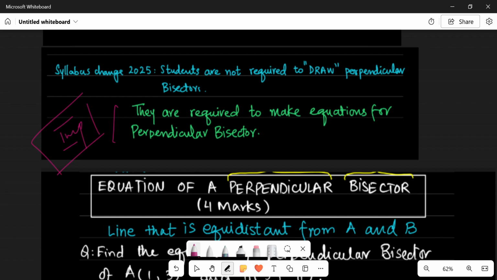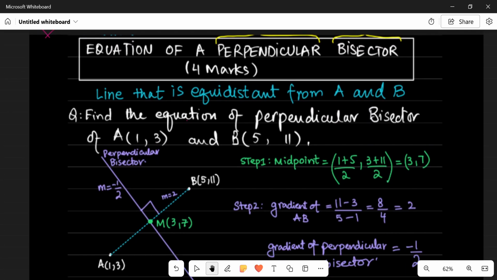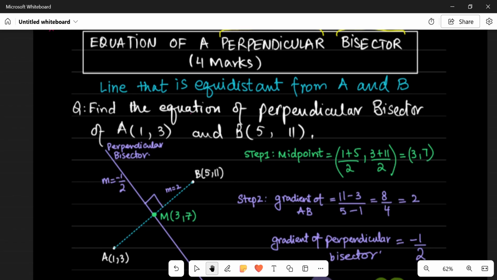Now, the equation of a perpendicular bisector. How are you going to make it? It is the line that is equidistant from A and B. Find the equation of the perpendicular bisector. The coordinates are given to you: A is (1, 3) and B is (5, 7).